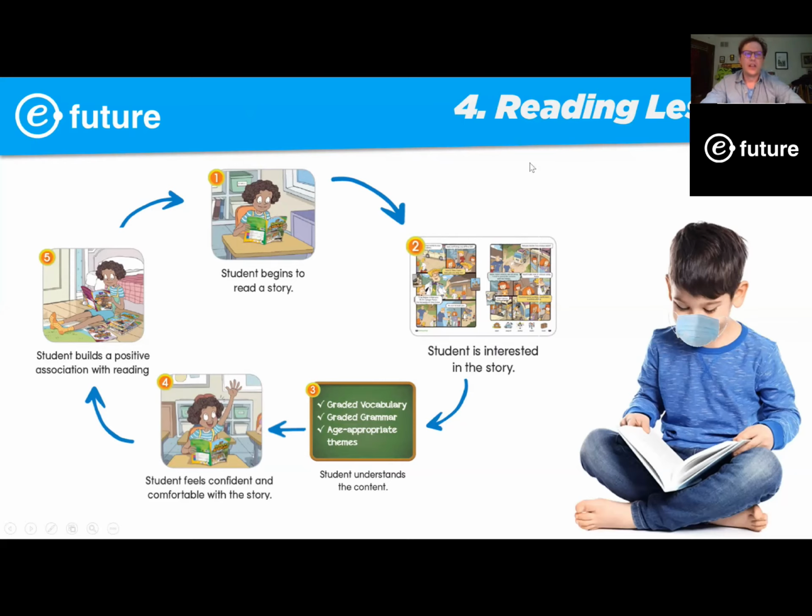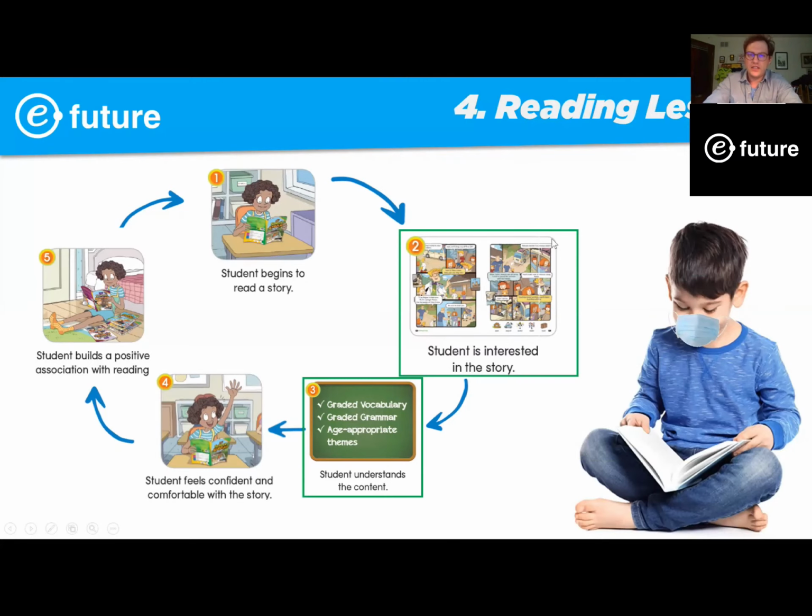Okay? And you're trying to build a positive relationship with the book. That's the goal. You as the teacher, this is your job right here. These two, you must make it interesting and you must make it comprehensible so they can understand the story. If you can do those two things, you'll be doing your job as an educator.